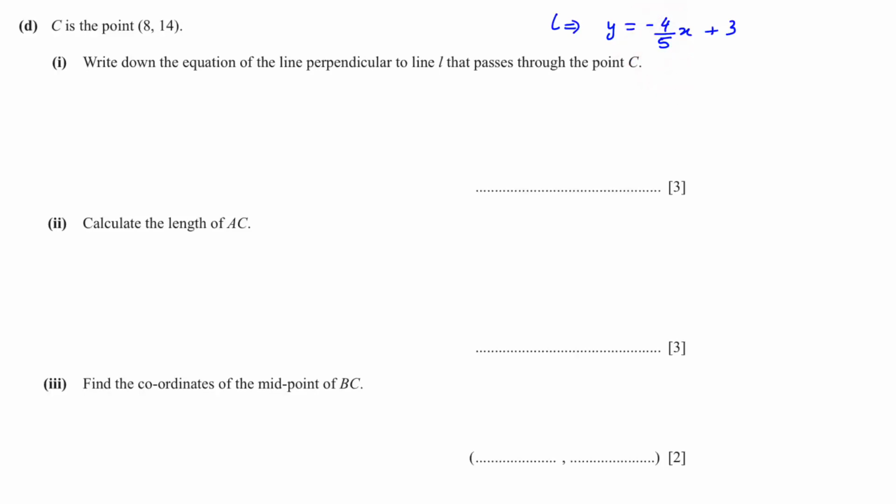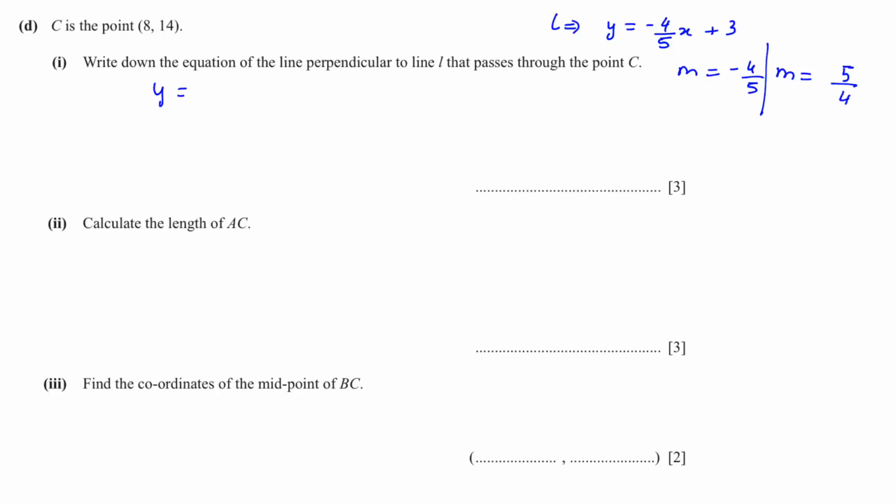If two lines are perpendicular, then your gradient, what is our gradient here in this line? -4 over 5. So the gradient of the perpendicular line is, we flip this over, it will be 5 over 4, and we change the sign. This gradient has a negative, so the perpendicular gradient will be positive.